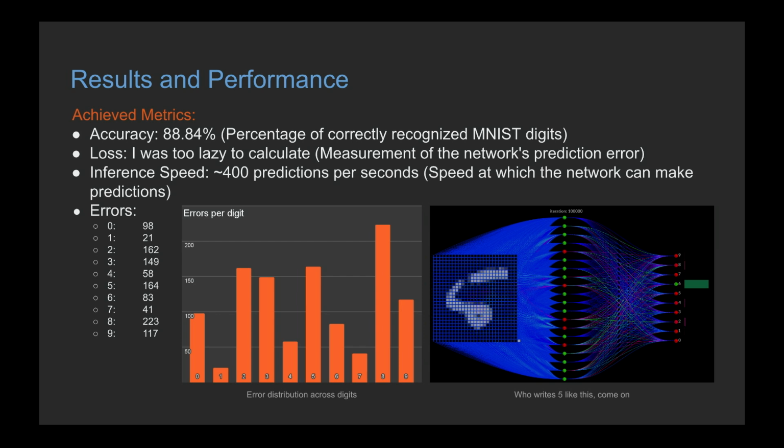But again, some of it is partially because our handwritings are really different, and I don't know who writes 5 like this. I mean, I can see that it's probably not a 6, but still, the data set is really diverse. So partially it's because our neural network is really simple, but still, it is one, and it works, it learns. And it's really fast.